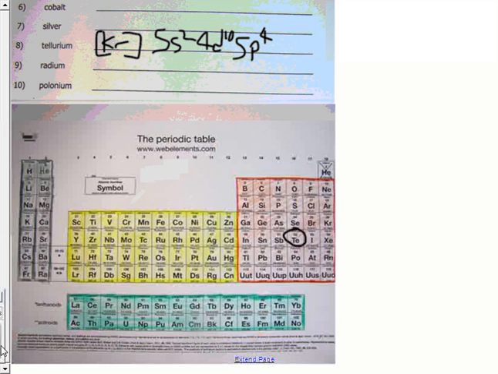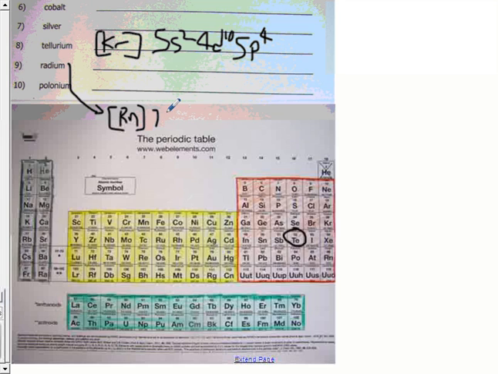Radium is a pretty easy one because it is right here. So we're not going to have to write a whole lot for that one. So for radium, I'm just going to write it down here because I ran out of room and I didn't erase. So radium is going to be, go back to the previous gas, which is radon. So Rn, and then it's going to be 7s2.